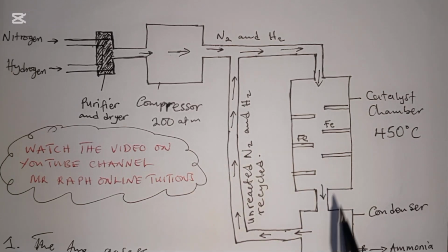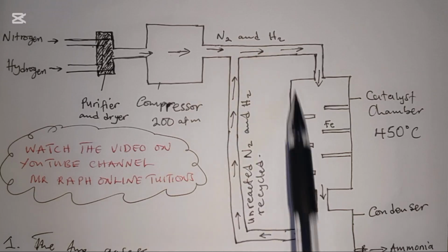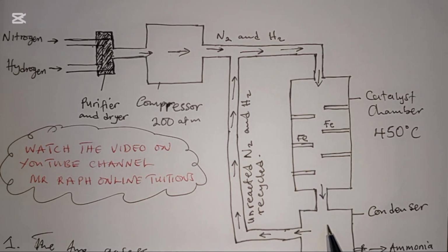You need to understand that not all the nitrogen and hydrogen gas is converted to ammonia. Only 15% of the mixture is converted to ammonia. The ammonia then comes into the condenser, or the cooler.